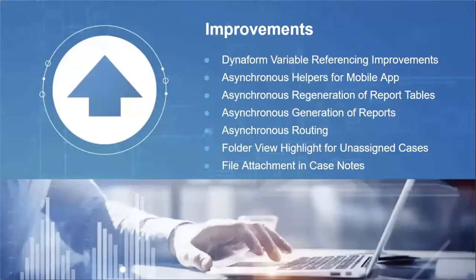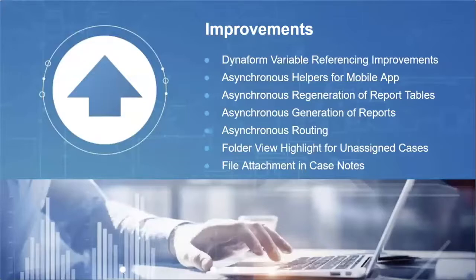The next 4 improvements all include asynchronous helpers, regeneration of certain features in ProcessMaker. In short, these improvements help the performance of ProcessMaker by being able to take jobs as they come so that they are completed faster, speeding up the performance of ProcessMaker.